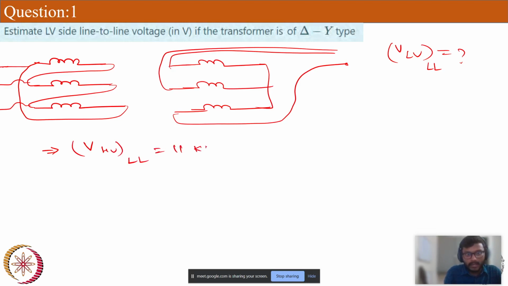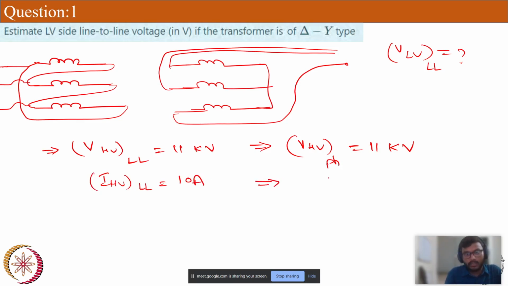It was 11 kV. So in a delta connection, my line to line voltage is the same as the phase voltage. So my HV side phase voltage will also be 11 kV. And what else information do we have? HV side line current is 10 amps.